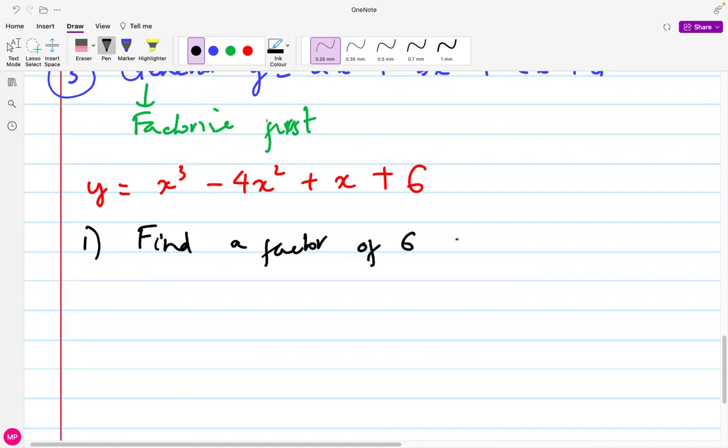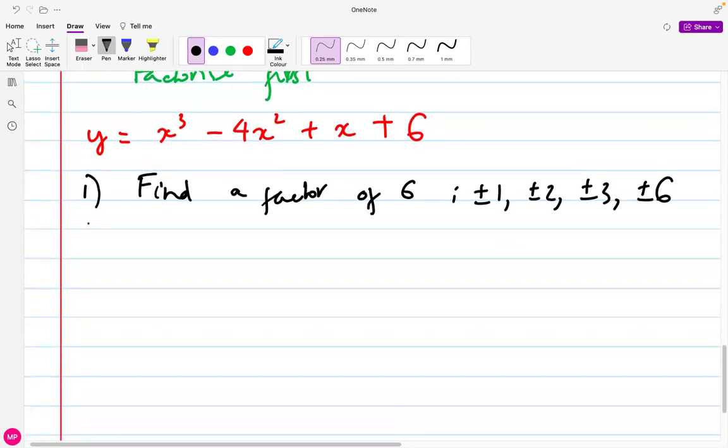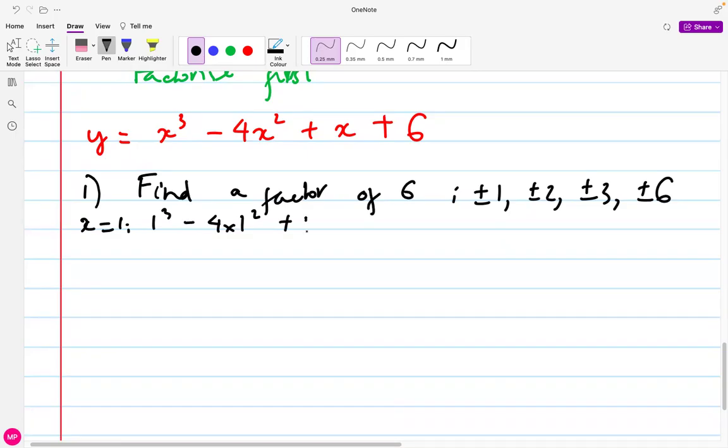And a factor of 6 can be plus minus 1, plus minus 2, plus minus 3, or plus minus 6. So I try the math. So try x equals 1, sub 1 in, 1 cubed minus 4 times 1 squared plus 1 plus 6. See if it equals 0, but it's not equal to 0 here.